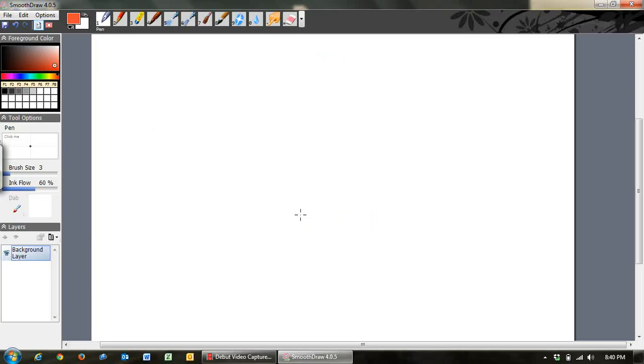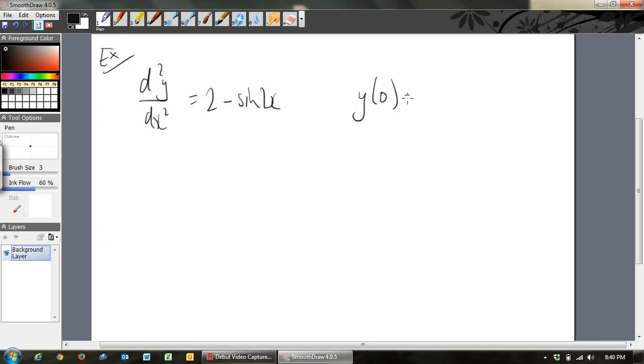Okay, I'll do one more with the second derivative. Just let me find a reasonable one. I'll do this one. d squared y on dx squared is 2 minus sine 2x. And we're given y(0) equals negative 1.